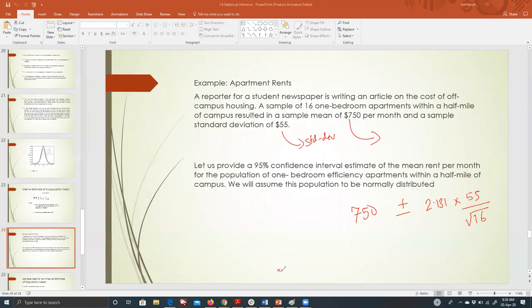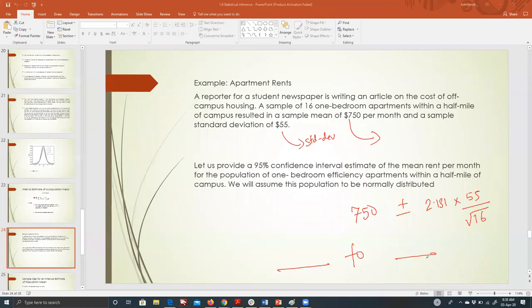So tell me from where to where the range is? 720.698. How much? One sec. Let me also do this calculation once in parallel. 2.131 into 55 divided by 4. That comes to 29.3. Right?